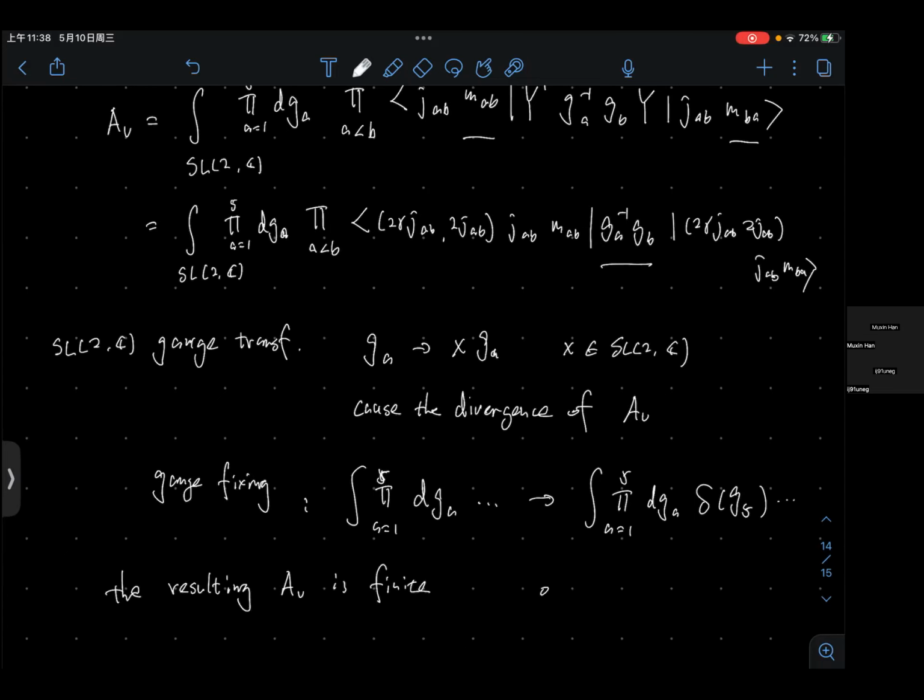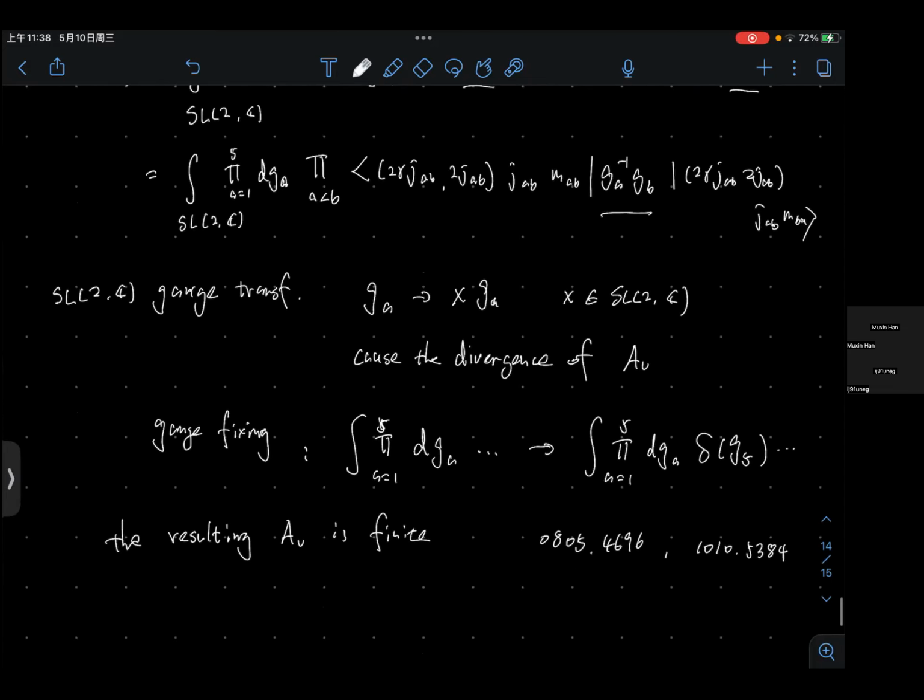You can check out this paper; there are 2 papers about this. These 2 papers show that once you make this gauge fixing, the resulting amplitude is finite.